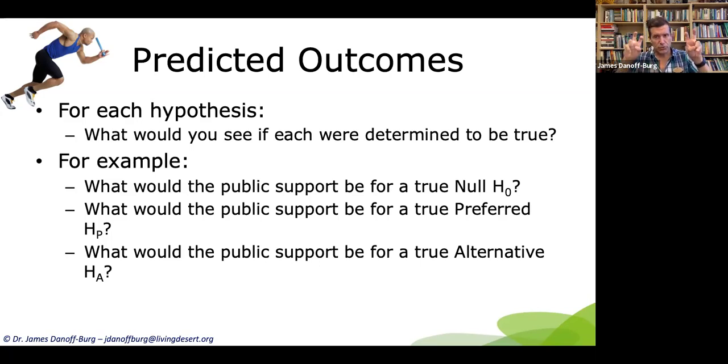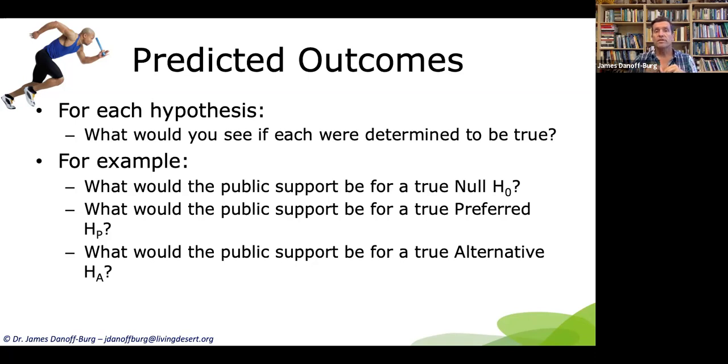What we'll call a true null hypothesis, right? What is the null hypothesis for no difference between your two groups, your two locations, your different age groups, your gender differences, people who use dogs versus people who don't use dogs, bus posts that have recycling bins versus bus posts that don't, right? What would be the impact and the perception of the public for that outcome?